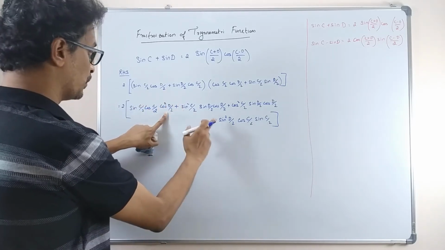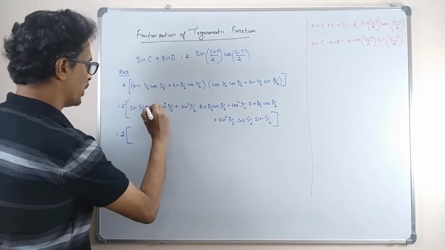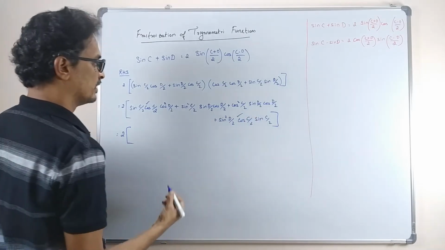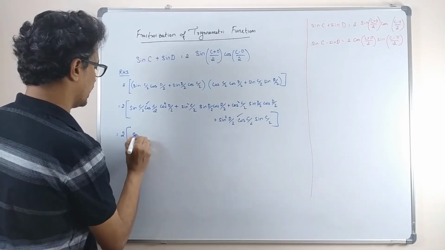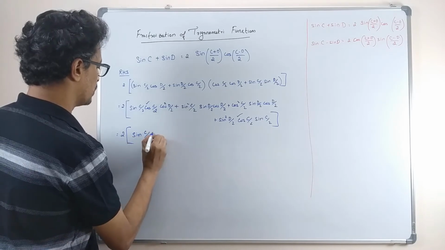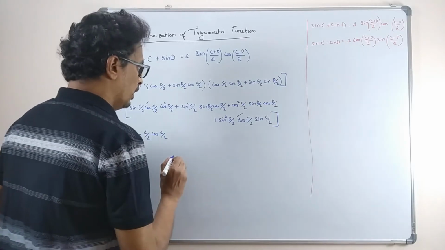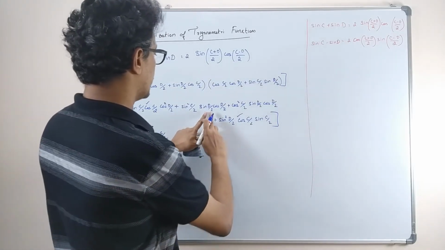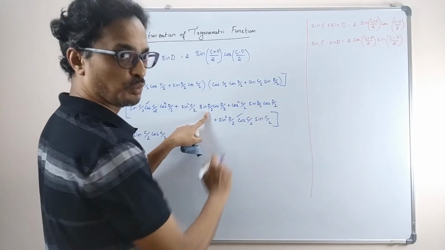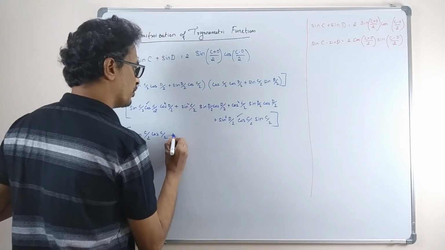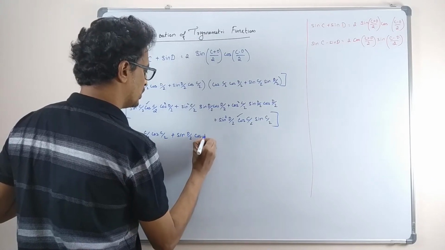So combining this and this will give us sin C/2 cos C/2. Then again coming here, sin D/2 cos D/2 and sin D/2 cos D/2, when I take them together, this also becomes 1. Right? So this will become sin D/2 cos D/2.